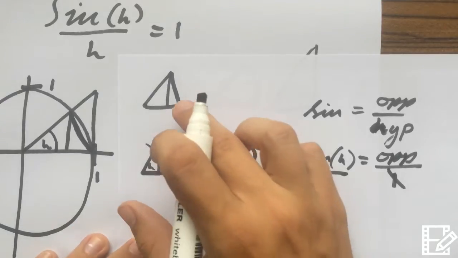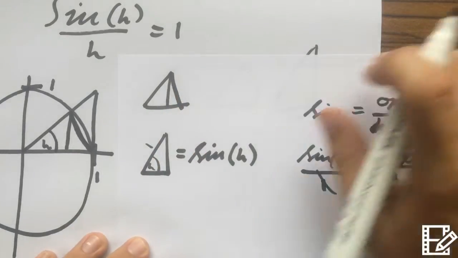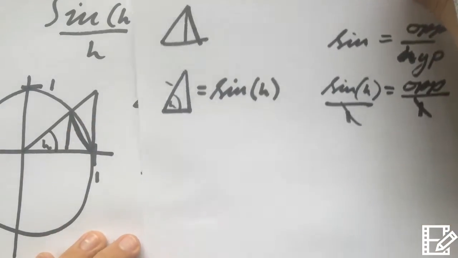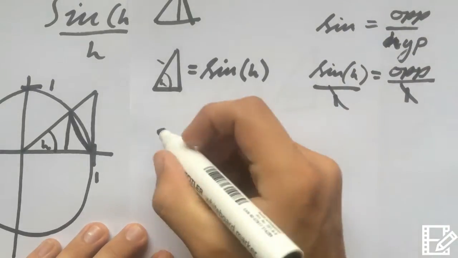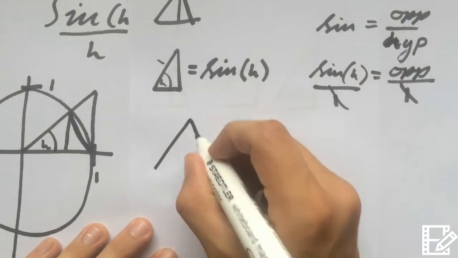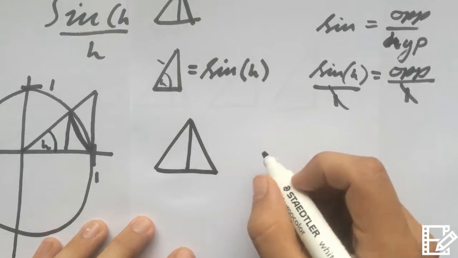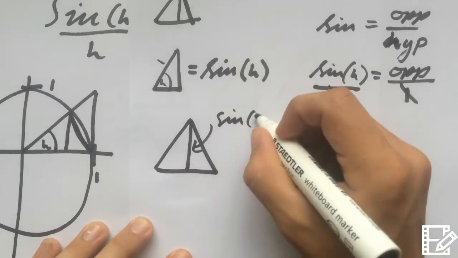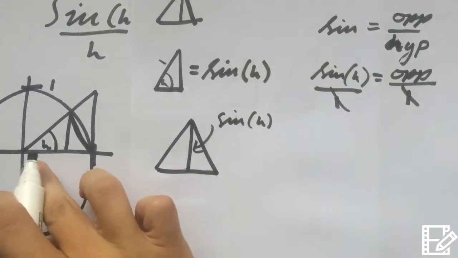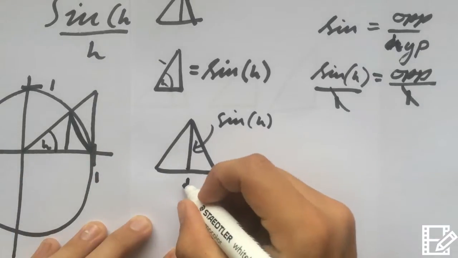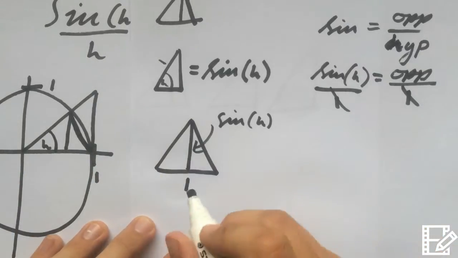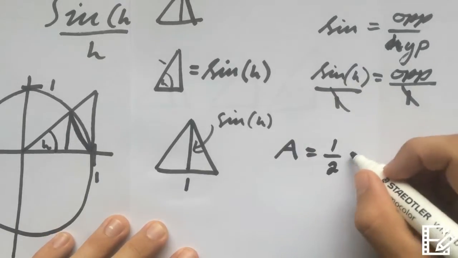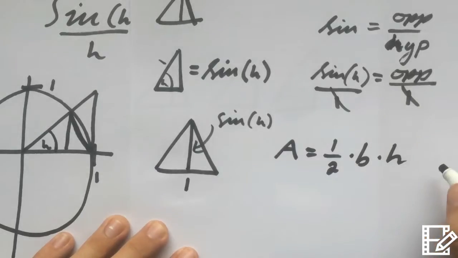Now what we've got to do is find the area of this triangle, which is this bit here. Therefore, this triangle, I'll just redraw it. We know that the height is sine h, and we know that the base is 1. That's all we need to know, because when we're finding the area, we get half multiplied by the base multiplied by the height.